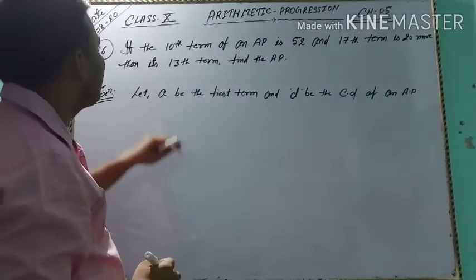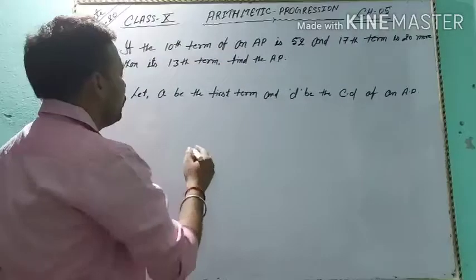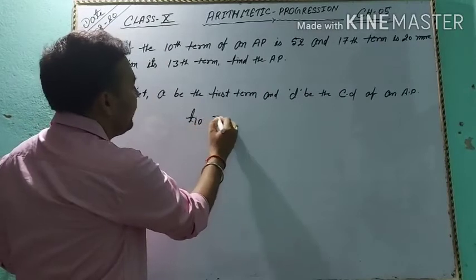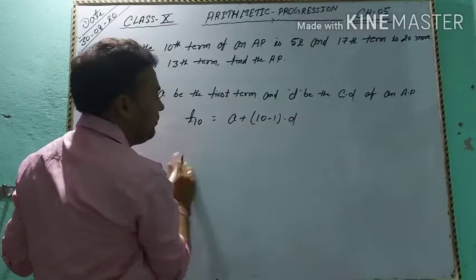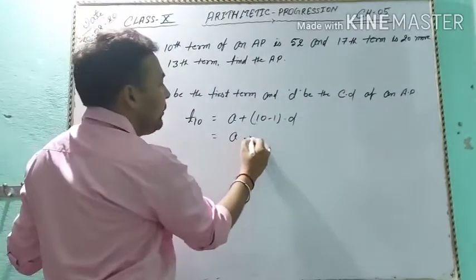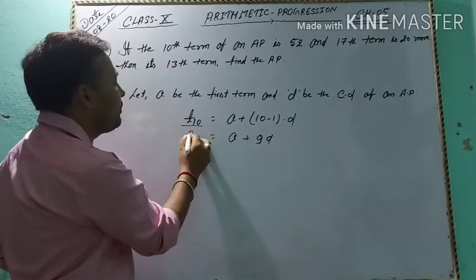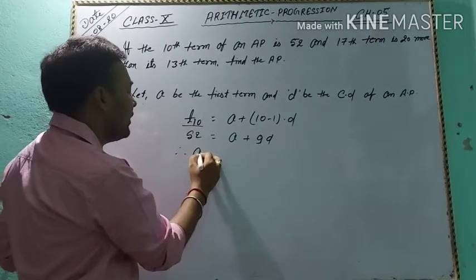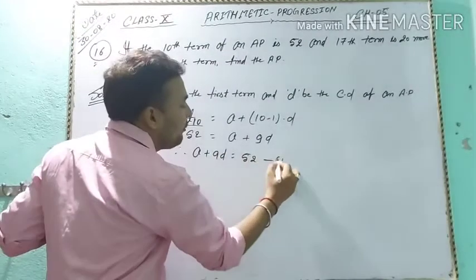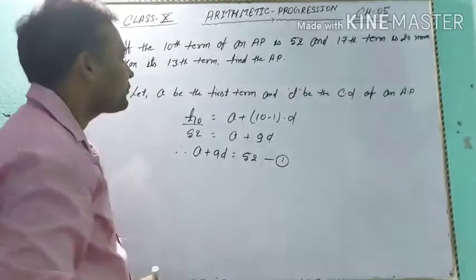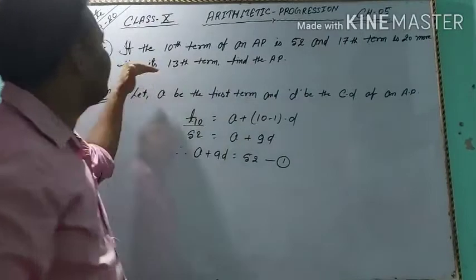So students, the 10th term of an AP is 52. So T10 equals A plus 10 minus 1 into D, that is A plus 9D, equal to 52. This is equation first. And the 17th term is 20 more than its 13th term.